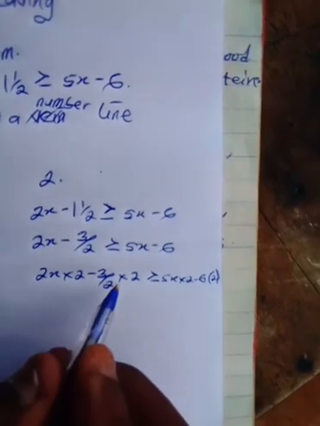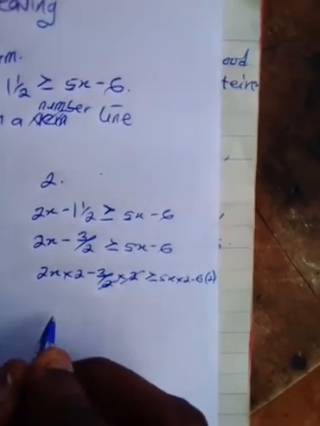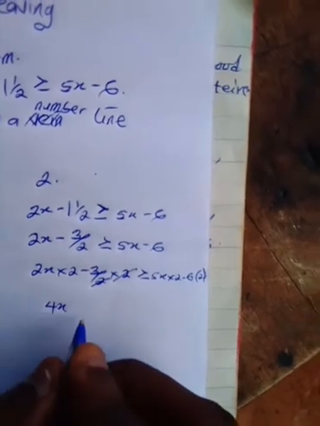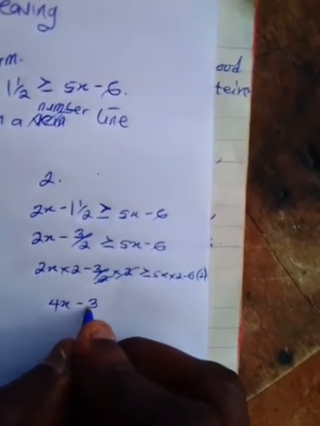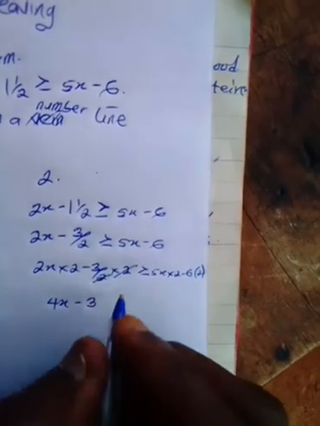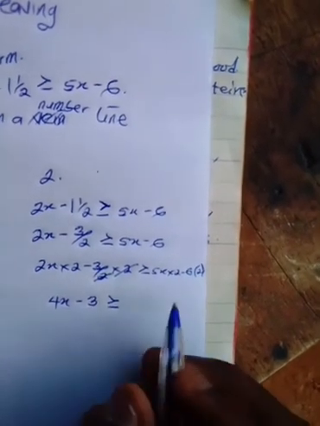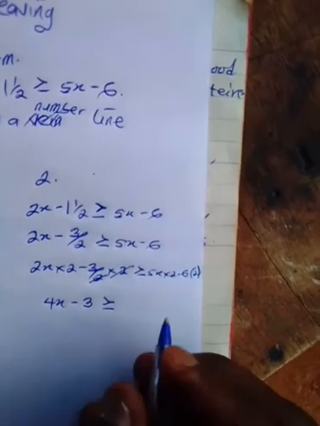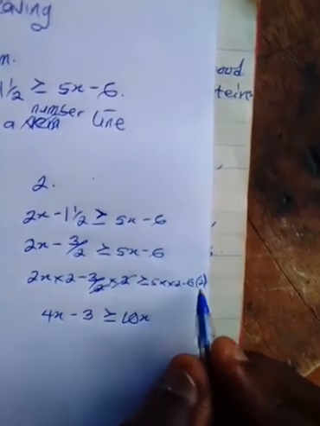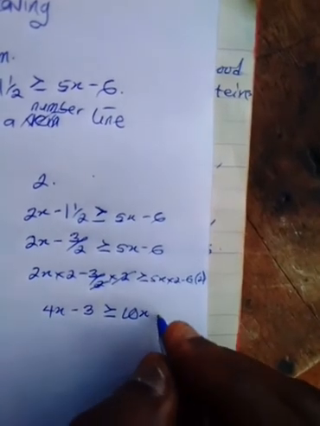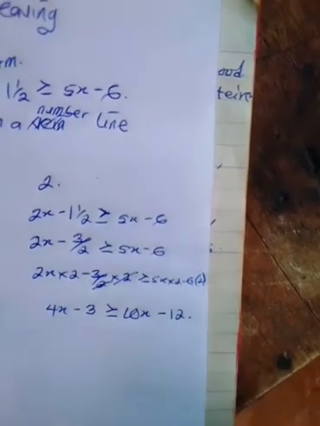So if I have it this way, this 2 will go with this 2. So here I will get my 4x. So minus my 3, there's no figure here to multiply by the 3. So my greater than or equal to 5x times 2 will give you 10x. Negative 6 multiplying by 2 will give you minus 12.